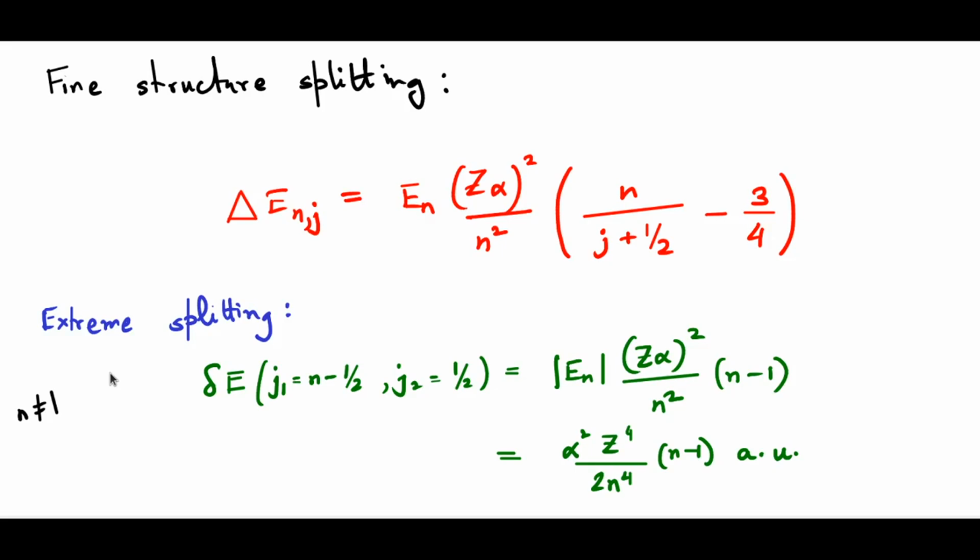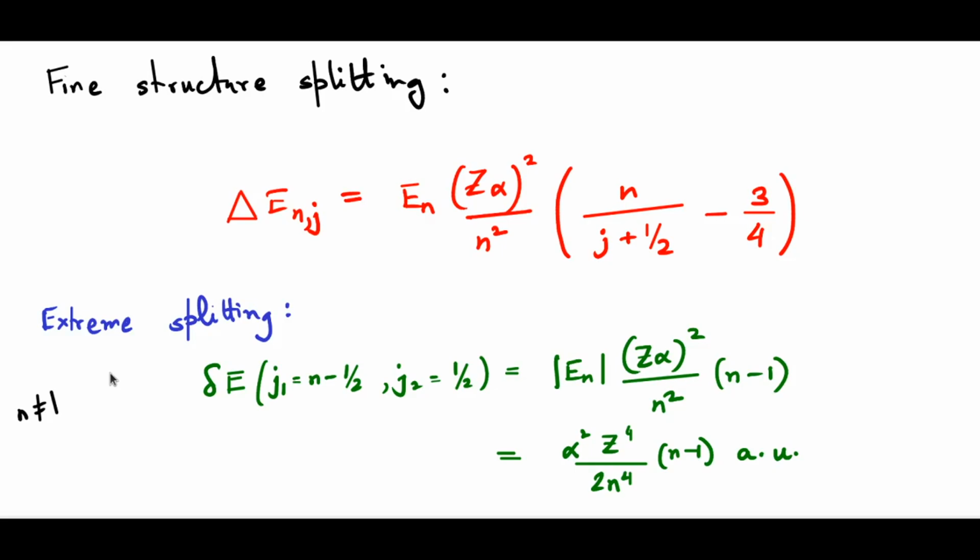Now for n equals 1, there is only one possible value of L, and that is 0. And so small j can take only one possible value, which is half. So while the n equal to 1 level is shifted because of the fine structure correction, it is not split. There is only one level even after incorporating the fine structure correction.